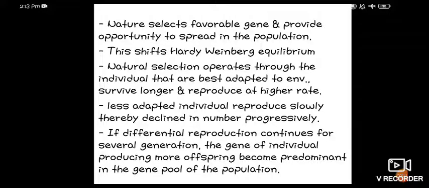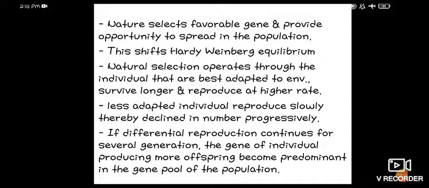Now, as a natural phenomenon, every population tries to produce more progeny than the carrying capacity of its environment, leading to overpopulation. Due to this, the individuals with a better adapted genotype and phenotype will produce compatible offspring, and if this continues, the habitat will get overcrowded.